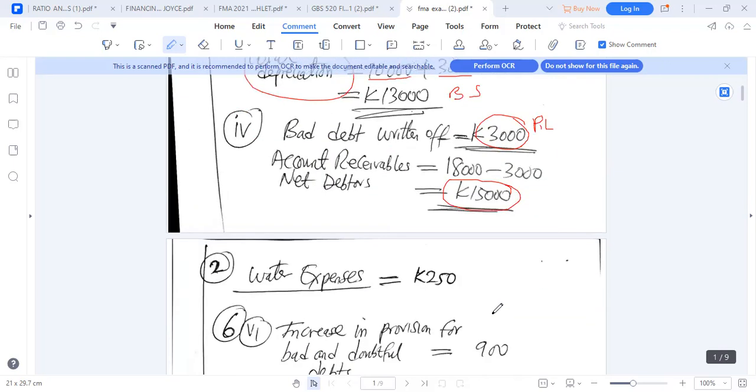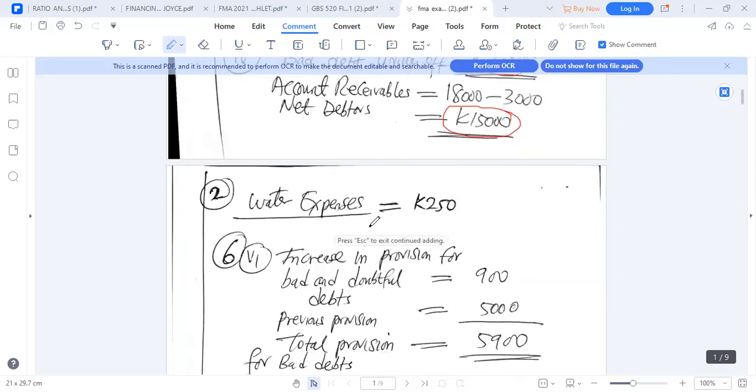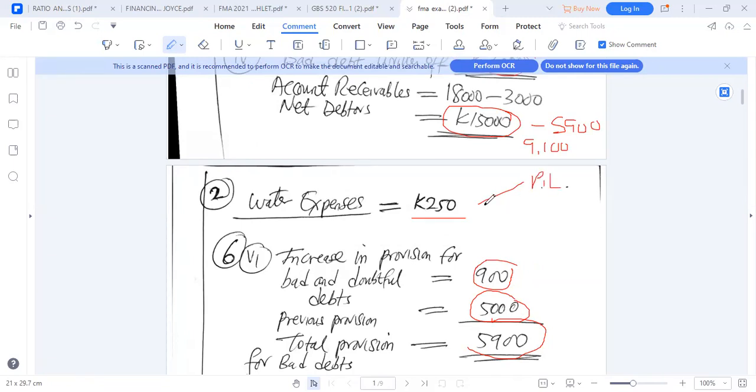But that is not the only adjustment on the debtors figure. We also had another 5,000 and another 900 there. When you deduct them, we're going to get a total of 9,100, which will be our new debtors. We're also told that there are accrued expenses for water, which is 250. This one will be charged in the profit and loss account under expenses.